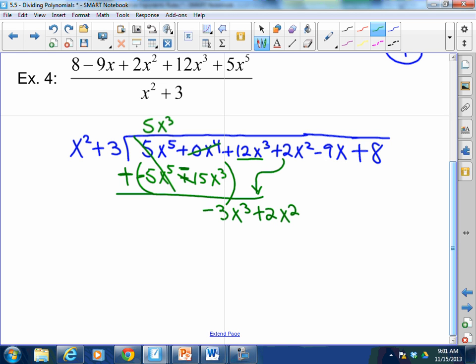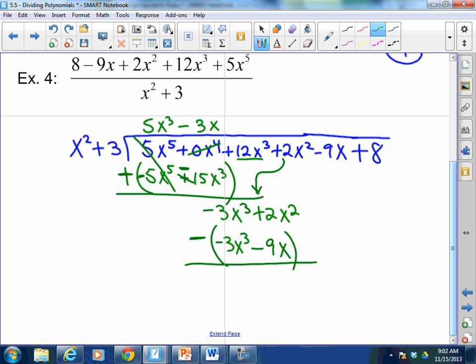How many times does x squared go into negative 3x cubed? Negative 3x. Subtract the product. Negative 3x times x squared is negative 3x cubed. Negative 3x times 3 is, oh, look at that, negative 9x.